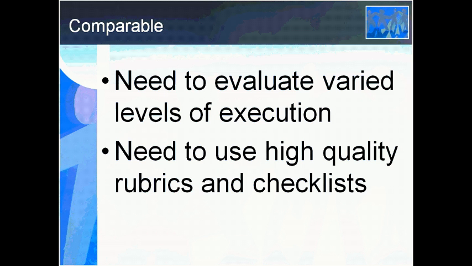Now, we should be able to distinguish between work that one student submits that is very shoddy, and one that demonstrates a lot of care taken in the preparation of that student work.